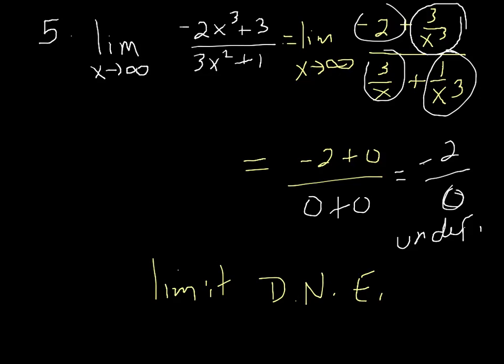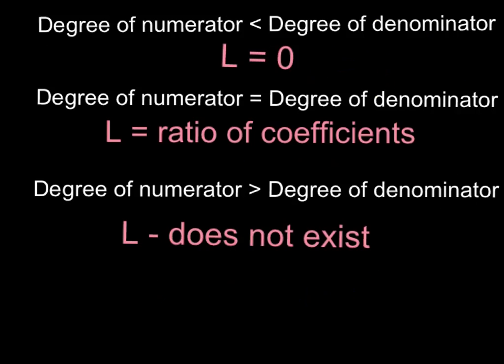So there are actually some patterns here in all these problems, if you've noticed them or figured them out yet. So let's sum those up. When the degree of the numerator is less than the degree of the denominator, then the limit of the function will always be 0.